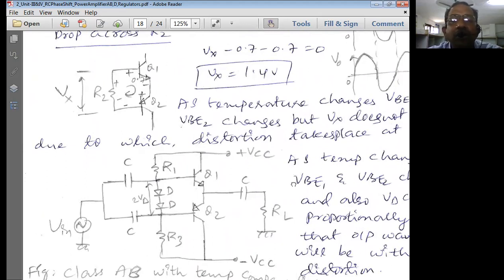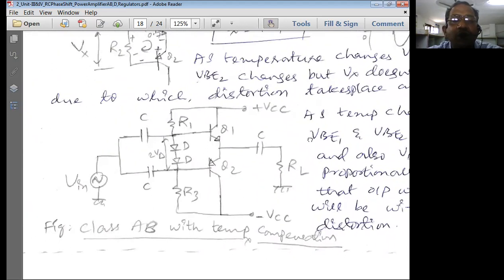Therefore, in order to handle the temperature changes, we have to incorporate diodes instead of the resistor R2. Since you have two transistors, better use two p-n junction diodes. Now, once again, if you use a p-n junction diode, the same problem exists here as what we discussed in the previous class.